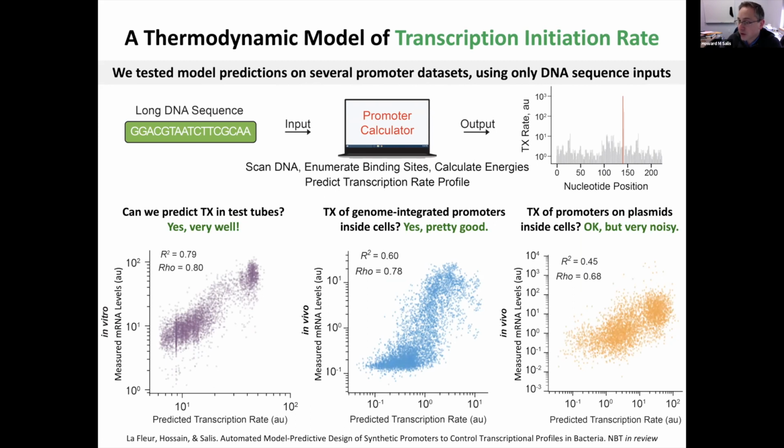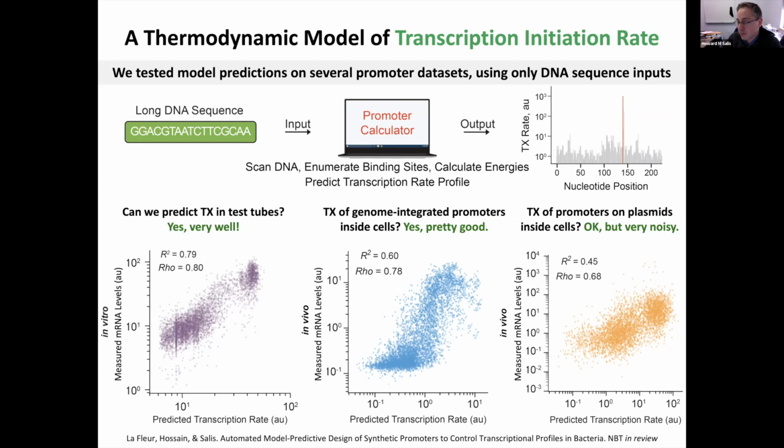But then later on, if we take away the transcriptional start site data and we carry out a classic stat therm approach where you scan across the DNA, you enumerate binding states, you calculate energies, and you find the energies that are the minimum, and that will tell you where RNA polymerase is going to bind. Once you go through that process, you can actually make predictions without having the TSS information.